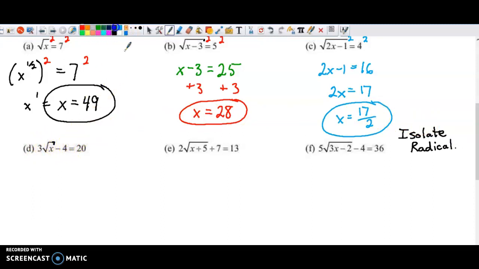So the order in which you do this is very important, that you want the radical by itself first. So you start by adding the 4 over, you get 24, and then you divide by that 3, so then you're just left with the square root of x is equal to 8. And now you square both sides.